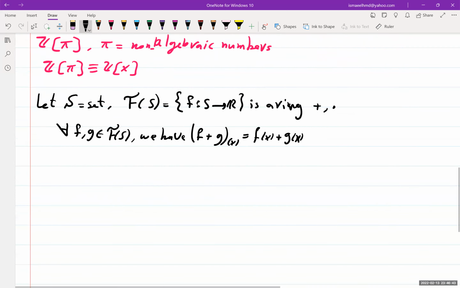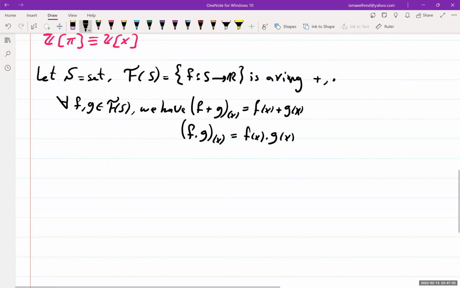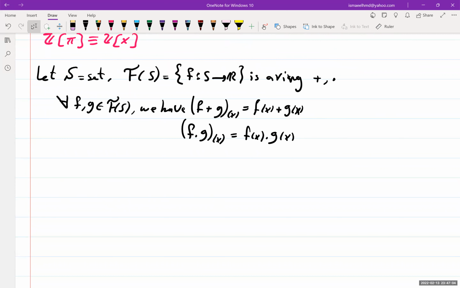And for dot, f dot g of x equal to f of x multiplied by g of x. This is another example of a ring.